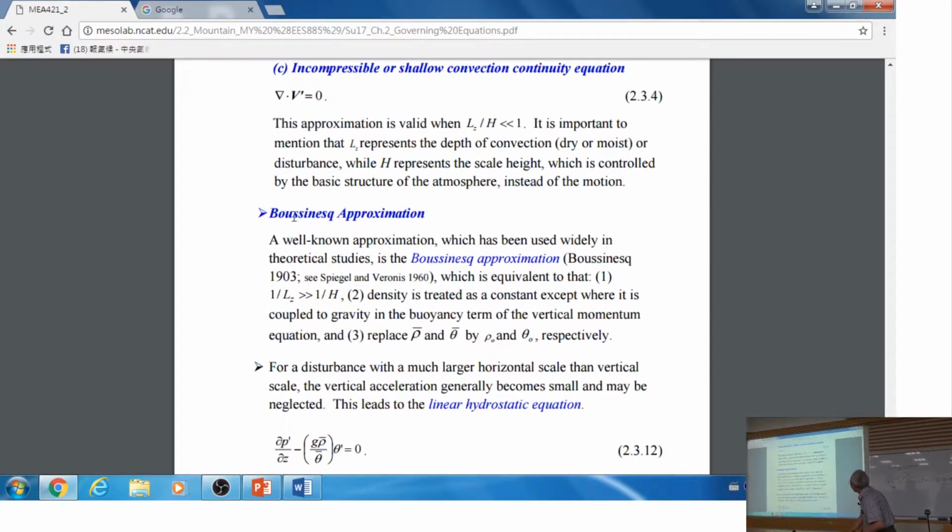The other one is the Boussinesq approximation. I probably can go to equations.